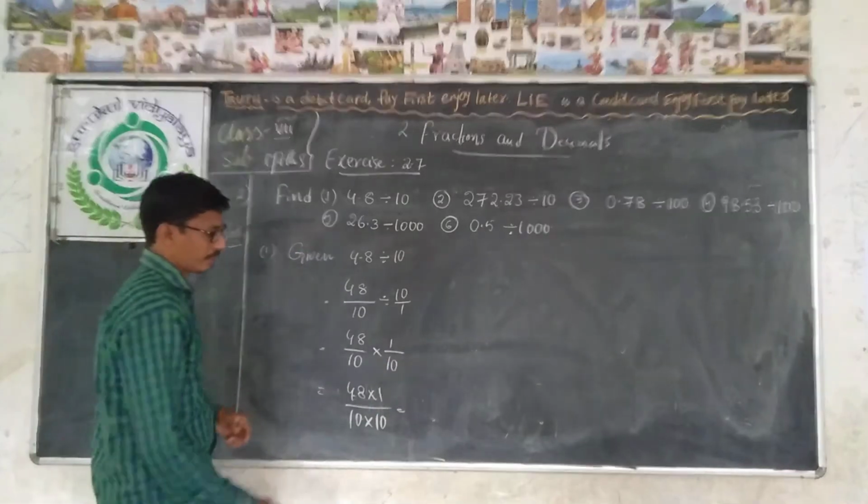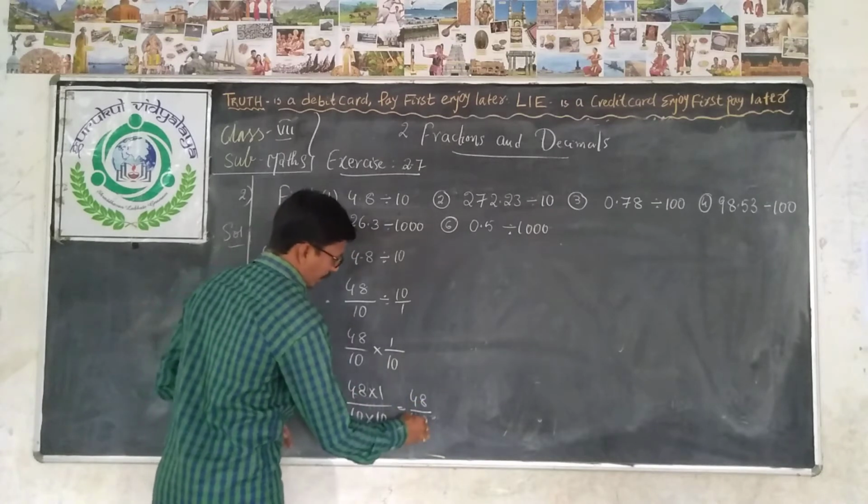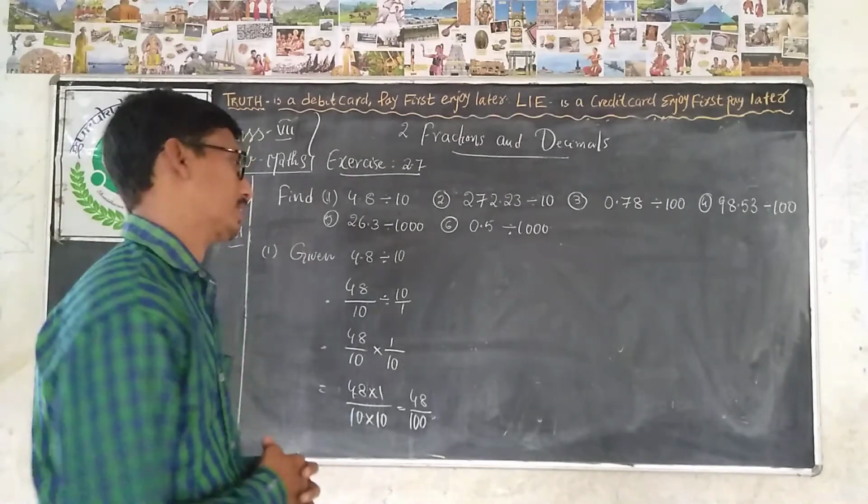So 48 ones are 48, by 10 tens are 100. So 48 by 100, like this we completed.